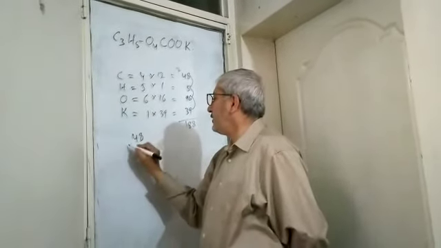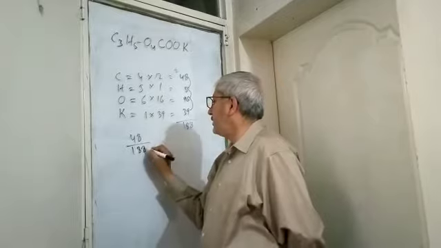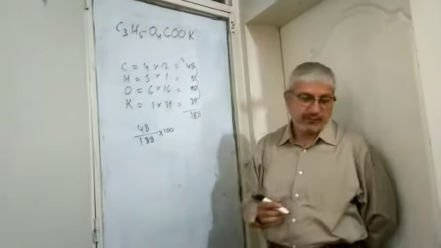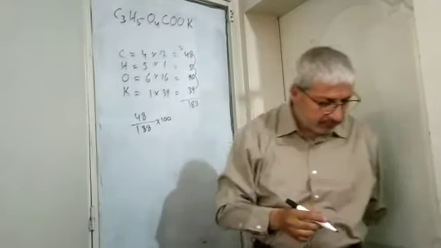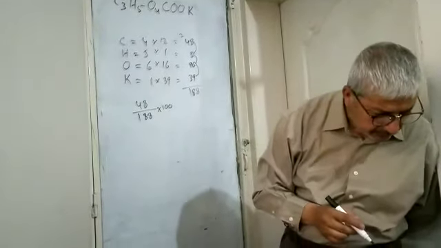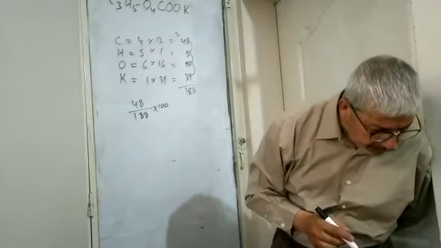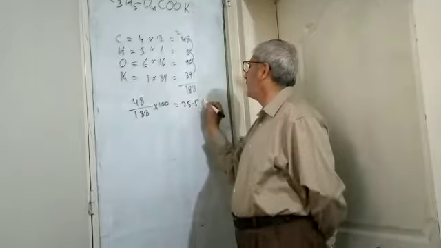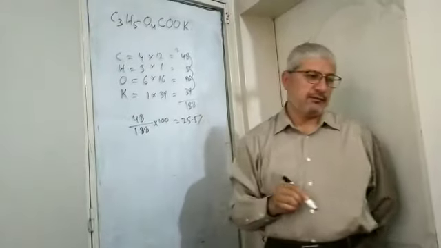So 48 divided by 188 multiplied by 100. Will you divide 48 by 188? It is 25.5%. The answer.